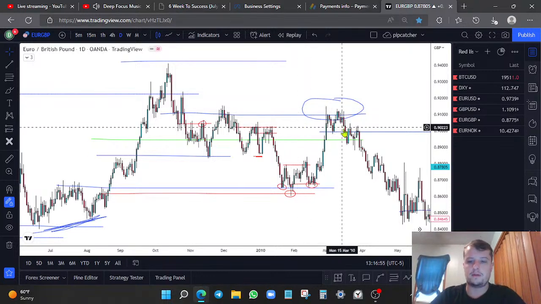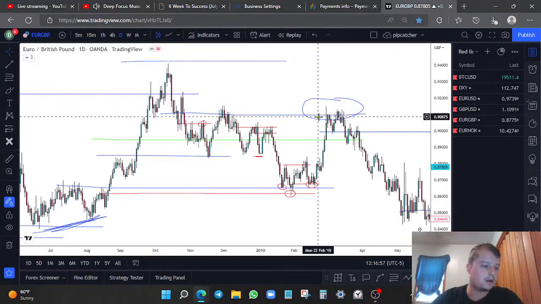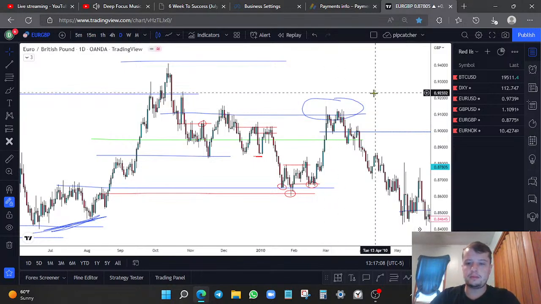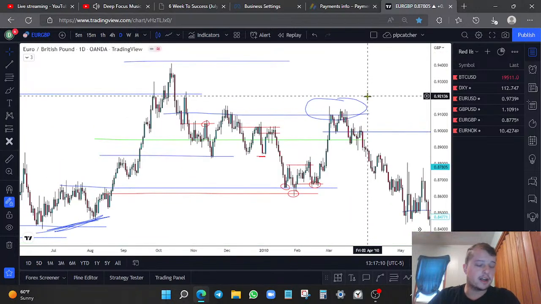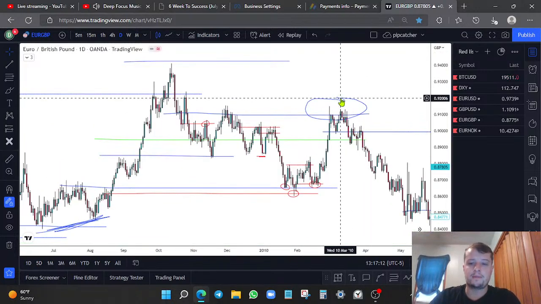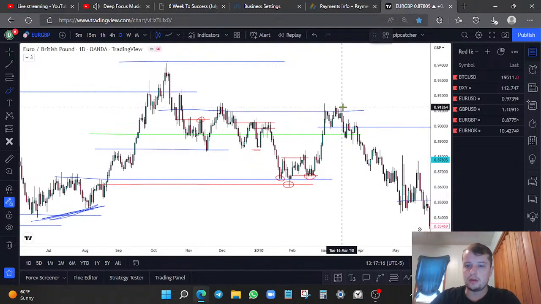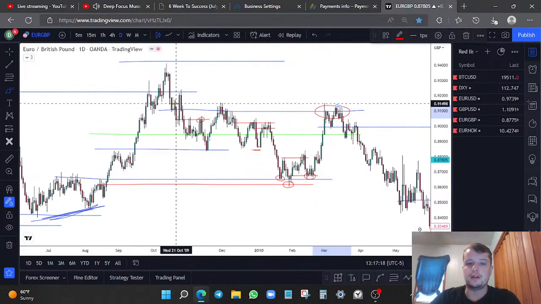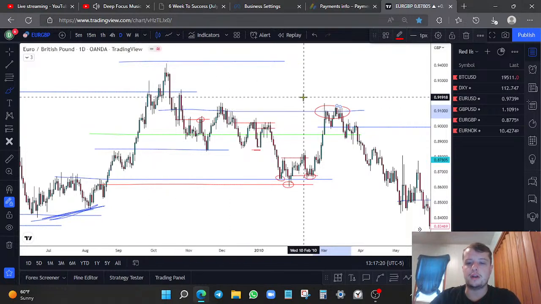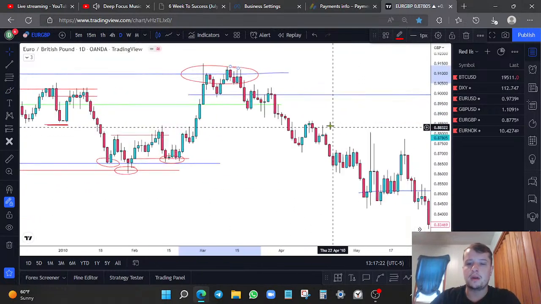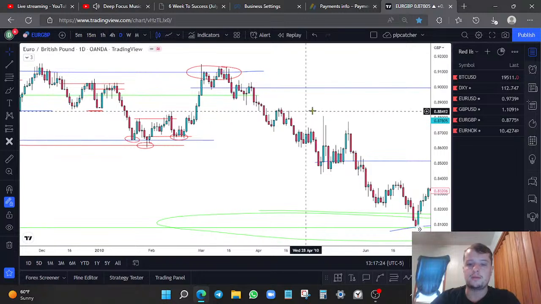Now, what do we have? So we have a weekly area that we were looking at. This cell here, where that circle was. So our weekly point of interest from somewhere over here on the weekly time frame, right? And look at what happens.